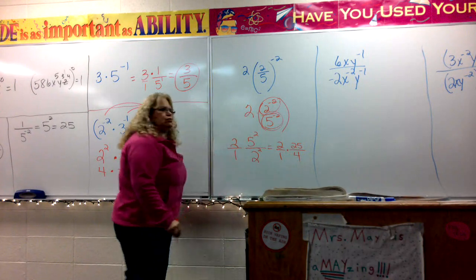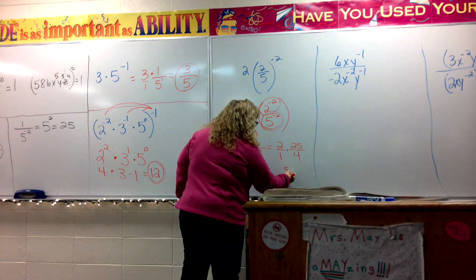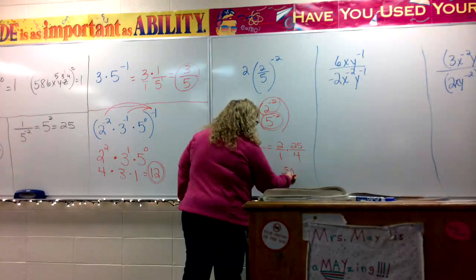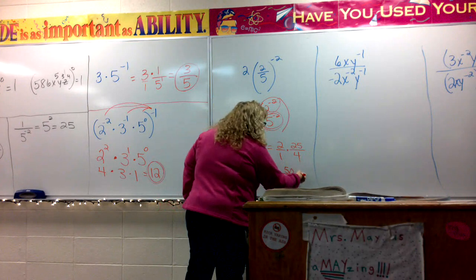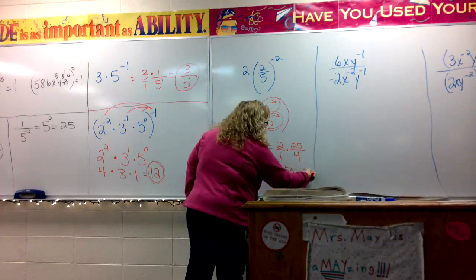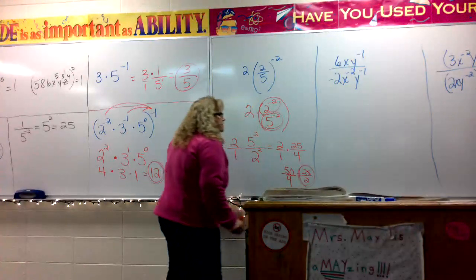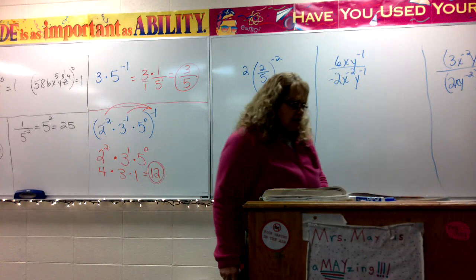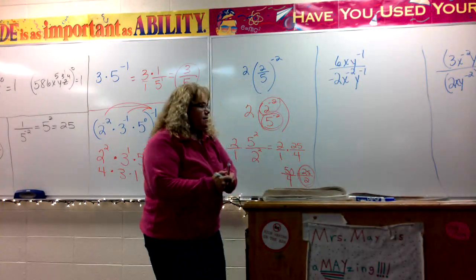And then you can either multiply it straight across. Top times top is 50. Bottom times bottom is 4. Wait, reduce by 2. 2 goes in there 25. 2 goes in there twice. So that would be my answer. Or you can cross cancel, right?